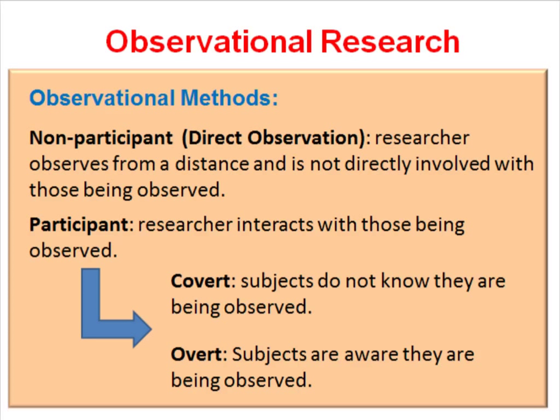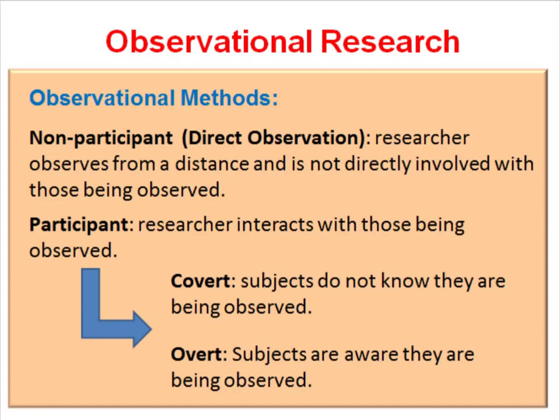Now, there are two main ways in which we do observational research in sociology. Firstly, there's what we call non-participant observation or direct observation. In this case, the researcher is exclusively an observer. They're not actually taking part in the group's activities. They are simply observing that group from a distance.